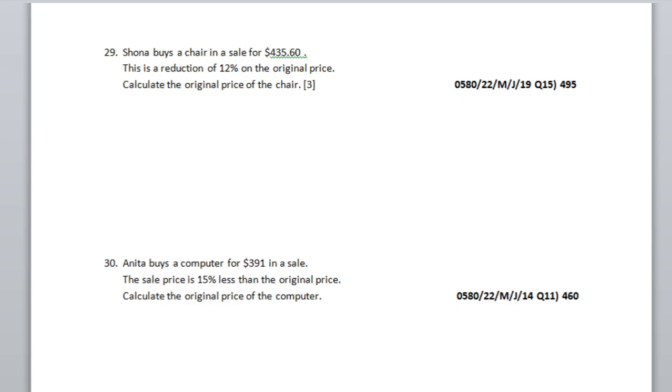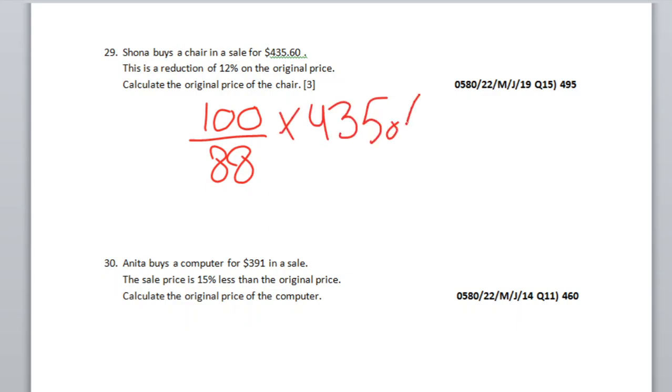Question number 29. Shauna buys a chair in a sale for $435.6. This is a reduction of 12% on the original price. Calculate the original price. So reverse percentage again. 100 over a reduction of 12% means 100 minus 12, 88 times 435.6, which gives us 495.